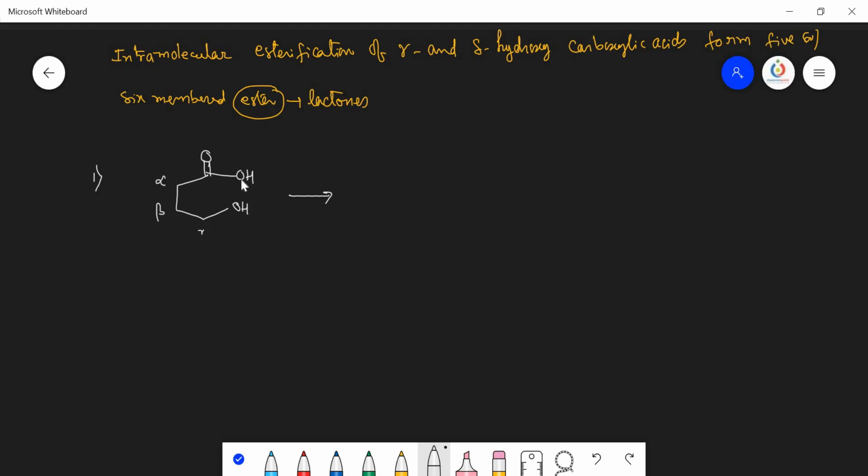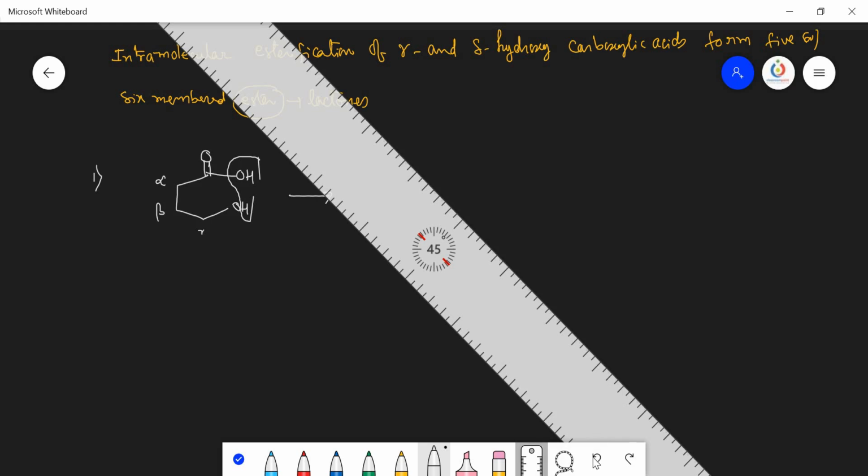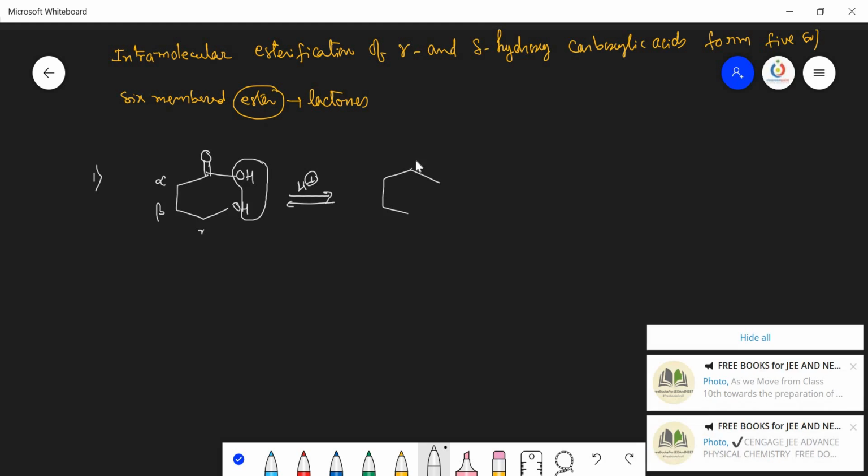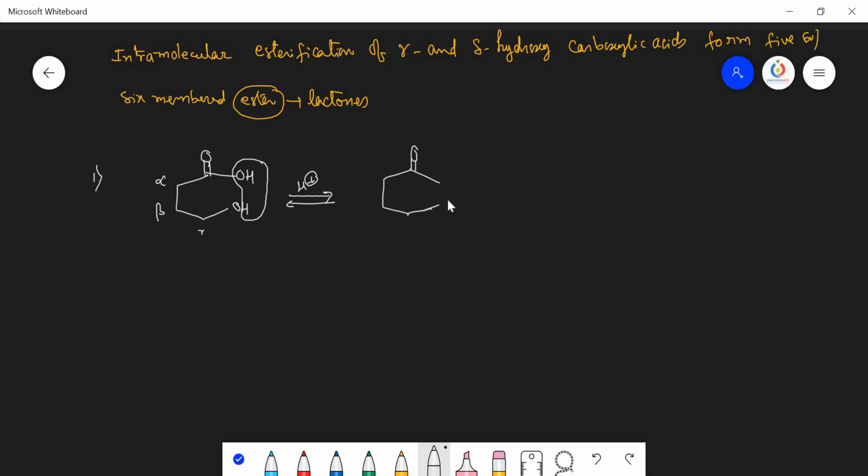If 4 carbon atoms are there, one oxygen will come into the ring. So this OH group and this hydrogen from the alcohol, use H plus ion. So what happens? This oxygen will come over here, no? So this oxygen shall be connected like this plus H2O.